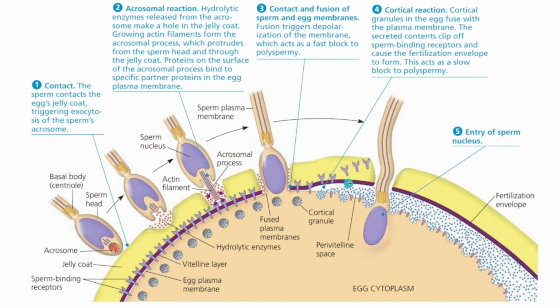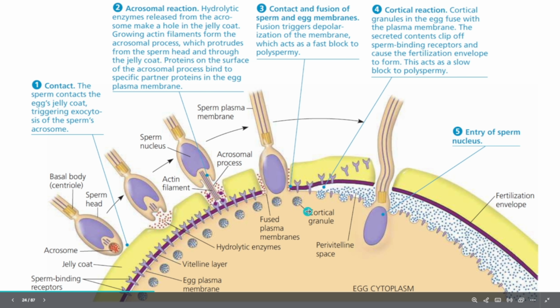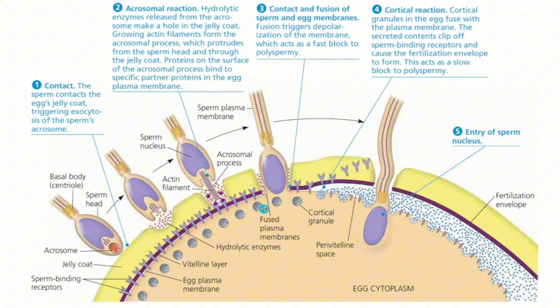So this sodium ion will diffuse into the egg cell, causing depolarization. This depolarization is to prevent additional sperm from entering the cell. So this depolarization process is very important.